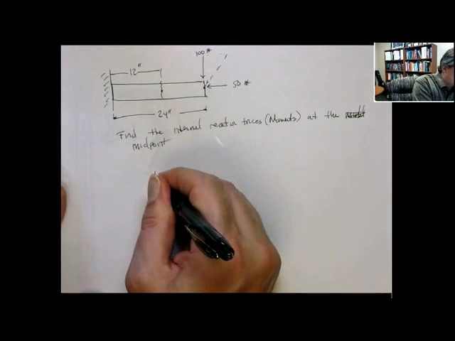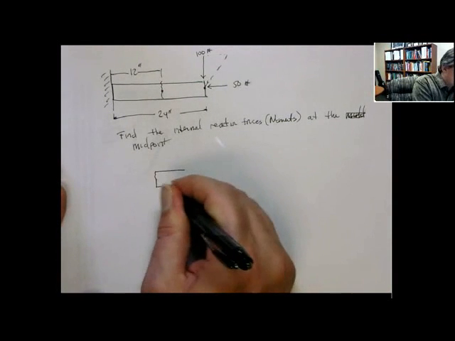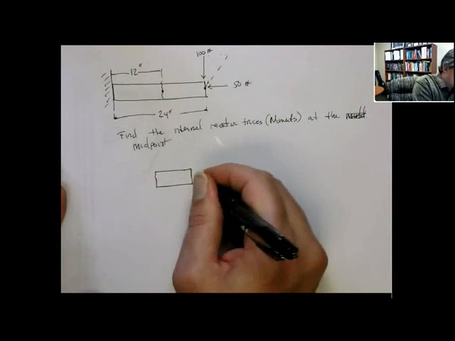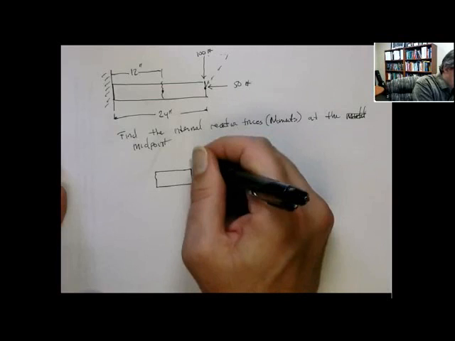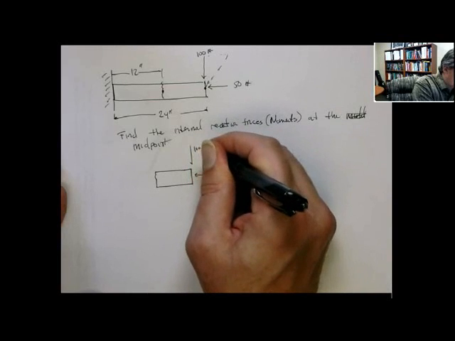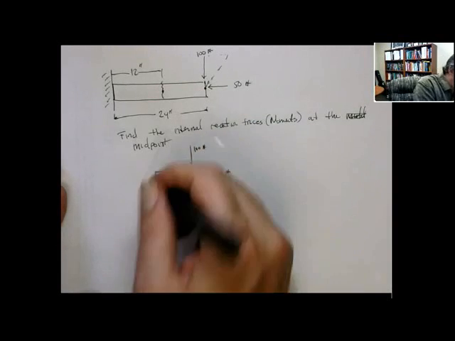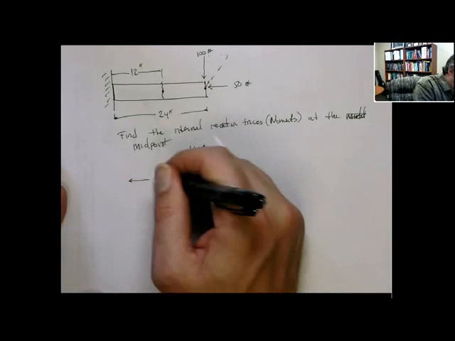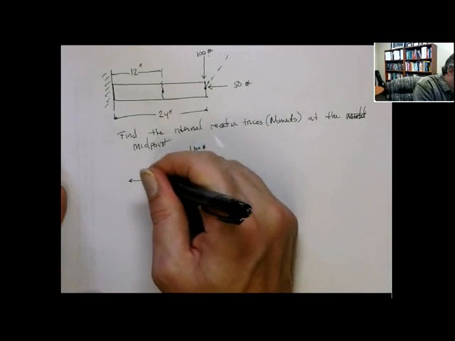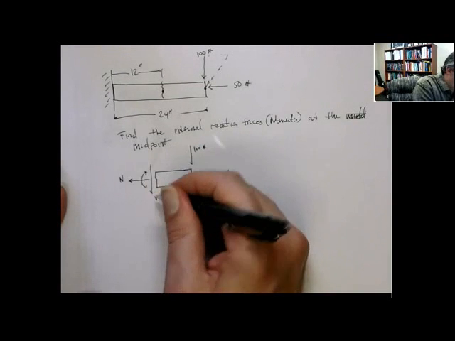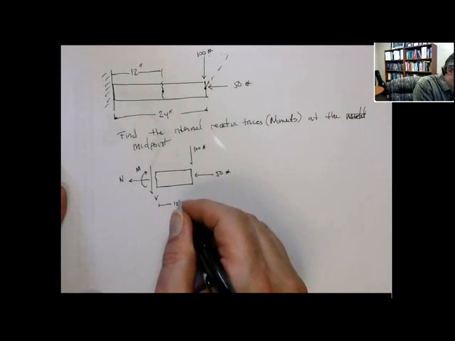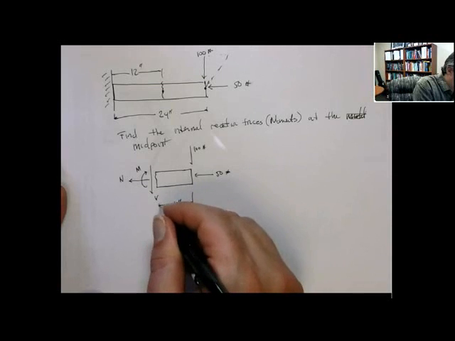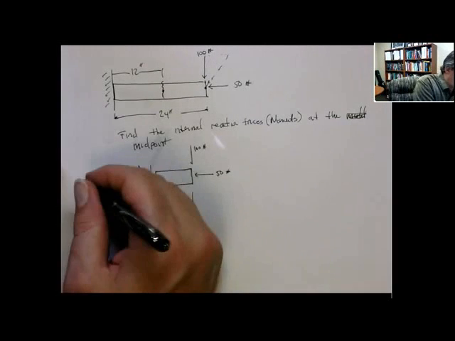It's actually a little easier to deal with. Here's the one on the right-hand side. Here's the 50 pounds in and 100 pounds down. And then here are the reaction forces. Normal, shear, moment. This distance here is 12 inches, right? Okay. That's one free body diagram.